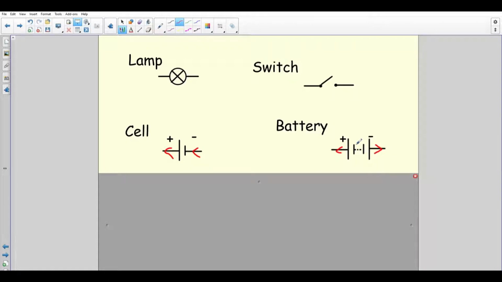Nothing would be happening because they're both trying to push the current the opposite way. It just gets stuck, and you would get a circuit that just wouldn't work. So really be careful that you make sure your cells are facing the same way when you draw your battery.